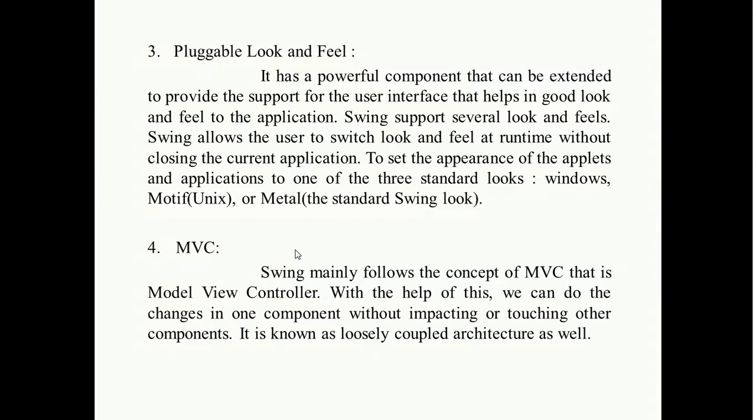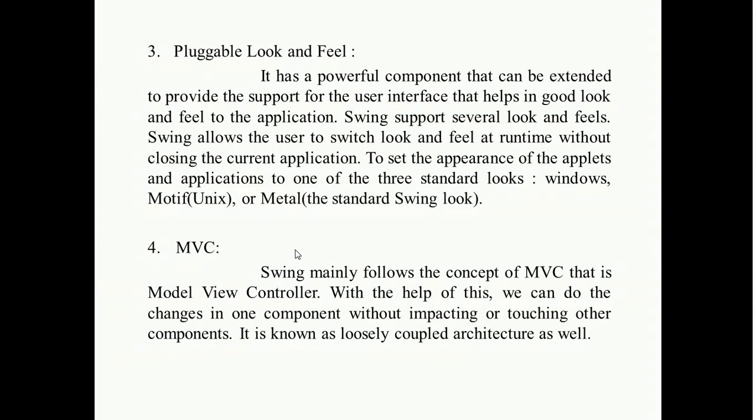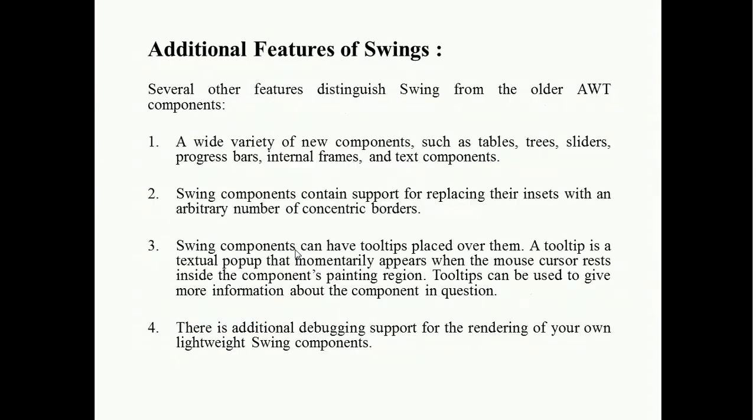It is also known as a loosely coupled architecture. So Swing supports MVC, and with its help you can make any changes in one component without impacting the other component. These four are the Swing features.